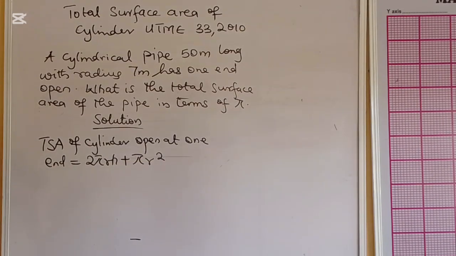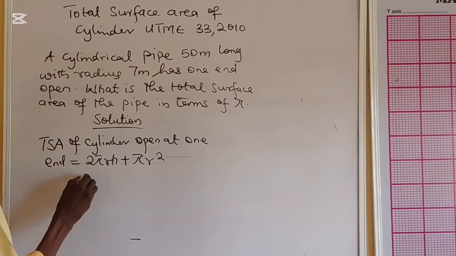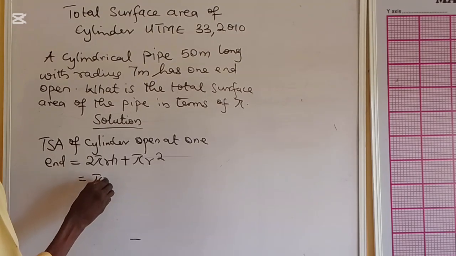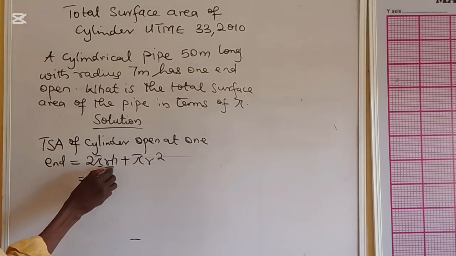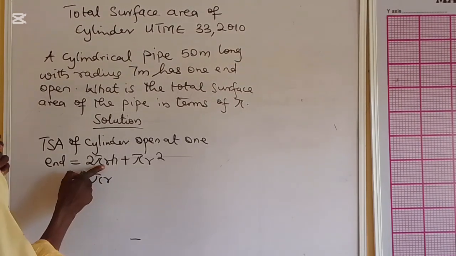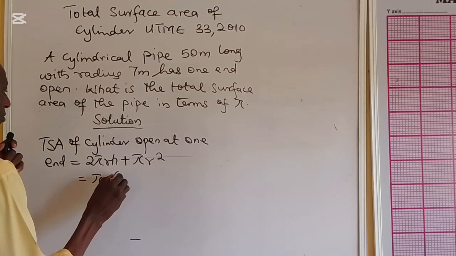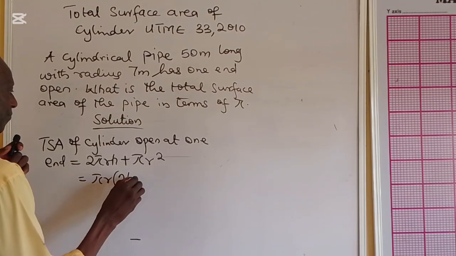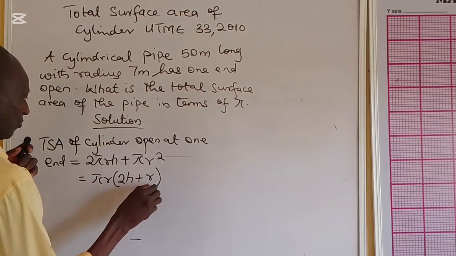When you factorize this expression, we have pi and radius in common. Open at one end, we have pi radius common. So what is not common here is 2 heights plus radius.